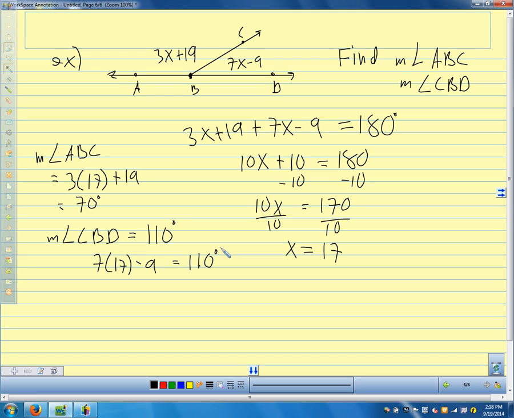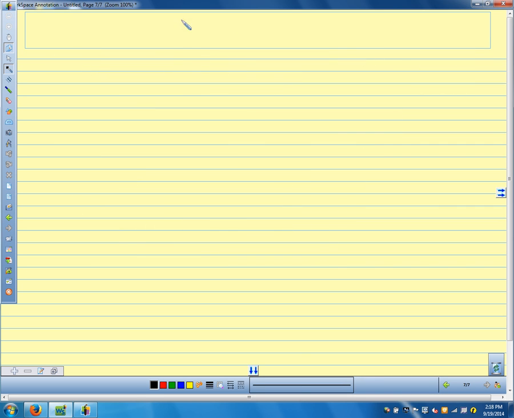All right, now we come to our last topic. Are we good with this example? Yep. Okay. Angle bisectors. What did we say bisect meant the other day? Cut in half, cut in two.